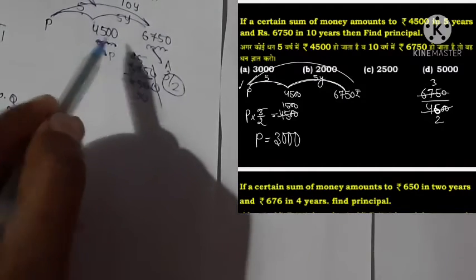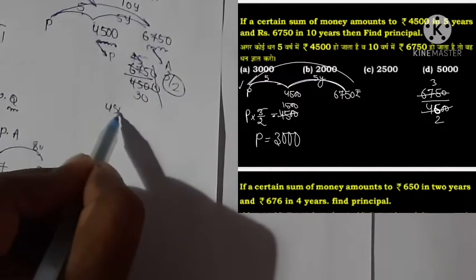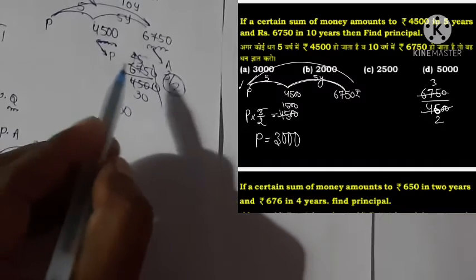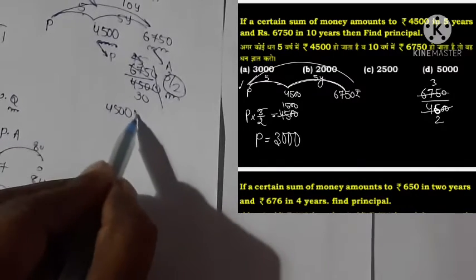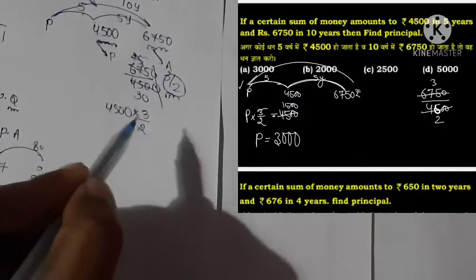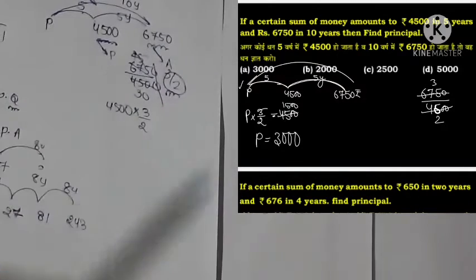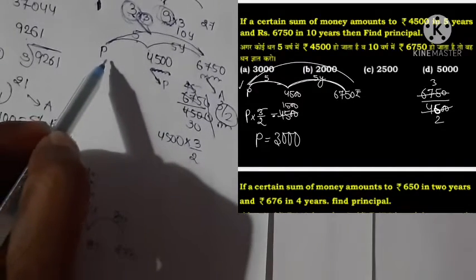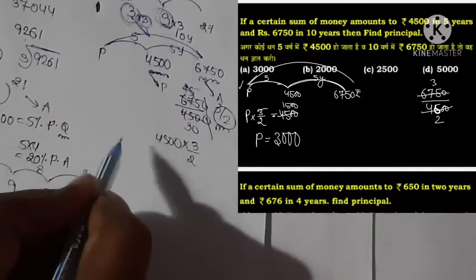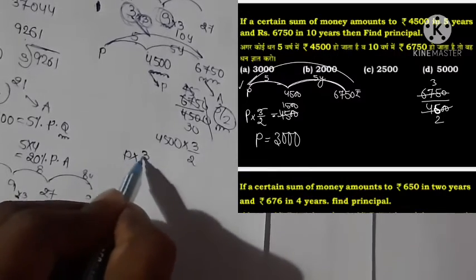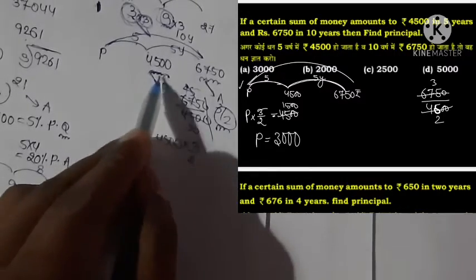Similarly, here the principal is 4,500, which can be multiplied with 3 by 2, so then we will get an amount.